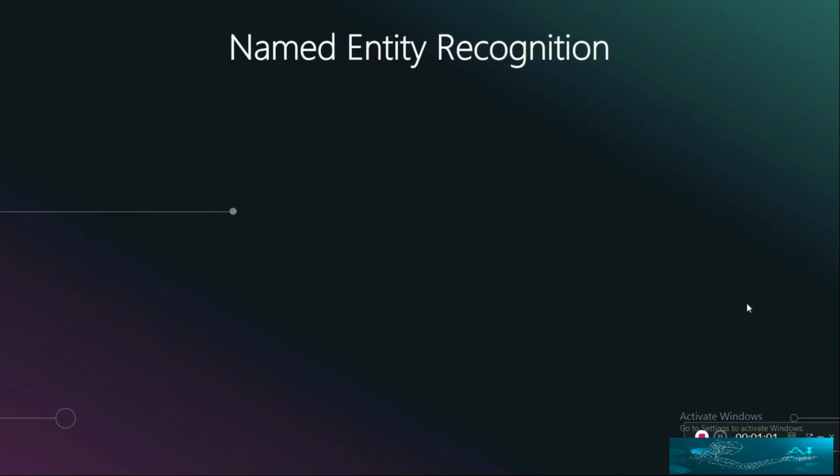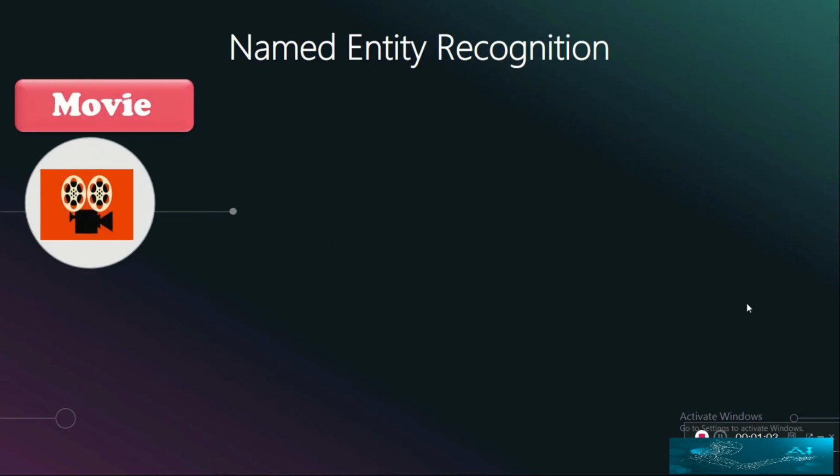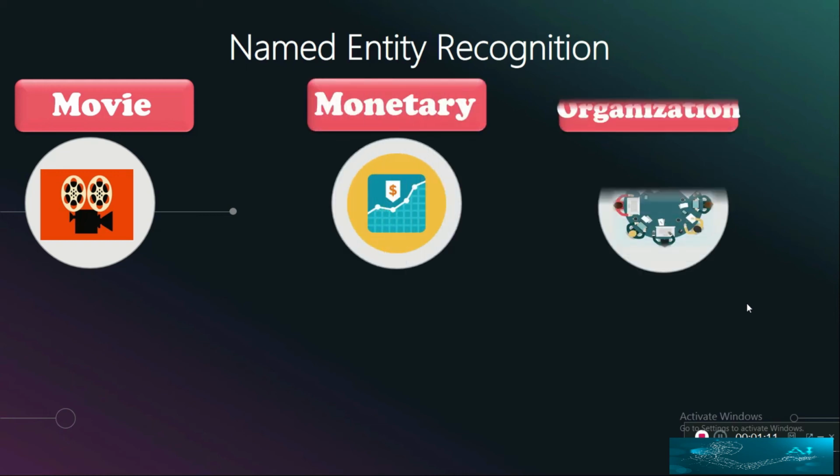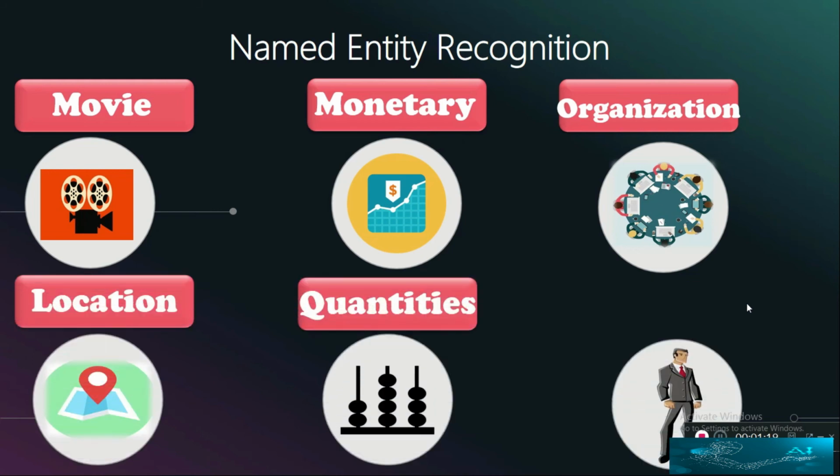Now, to overcome all of this, we have named entity recognition, also known as NER. It's the process of detecting named entities such as person names, company names, quantities, or locations. It has three steps: noun phrase identification, phrase classification, and entity disambiguation.